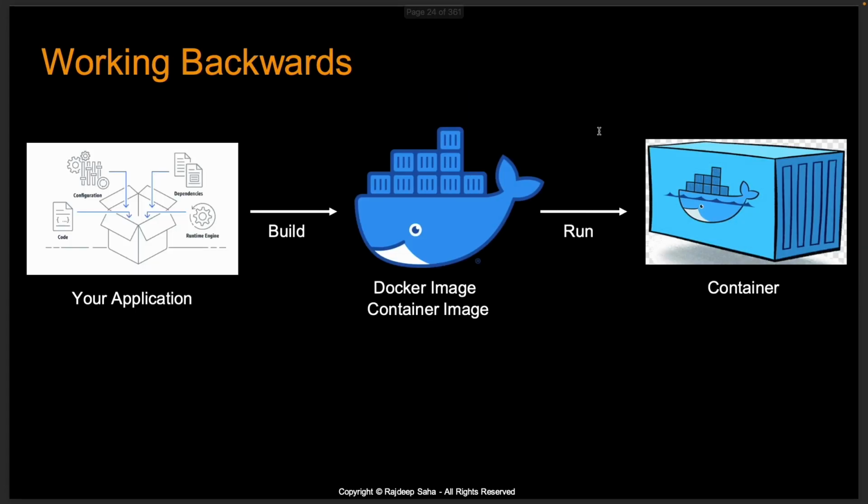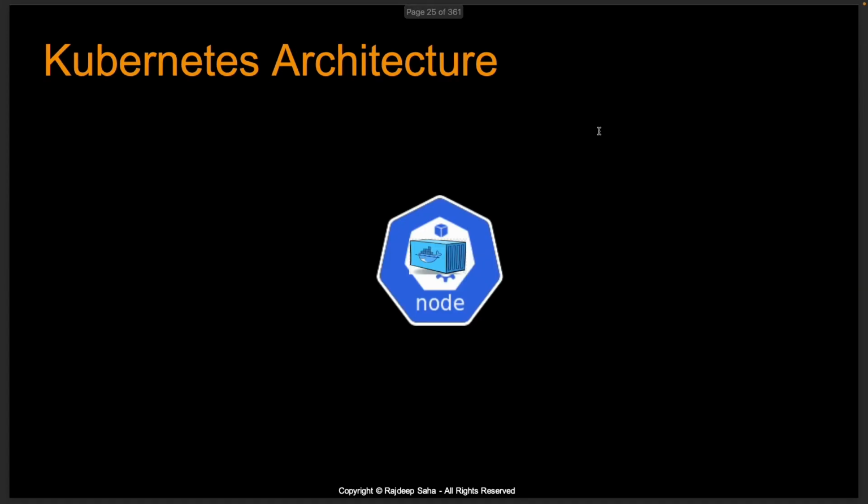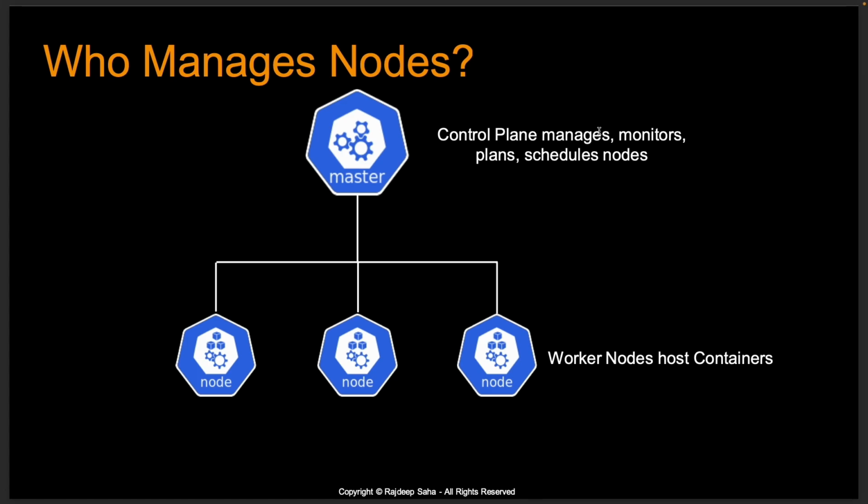Coming to the next slide, working backward: your application is created, then you create a Docker image, and through the Docker image you run a container. So it's the Kubernetes architecture. First of all, we understand the architecture of Kubernetes. It runs on master slave architecture. We have master nodes and multiple slave nodes that run containers inside them.